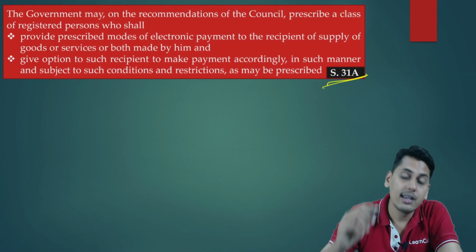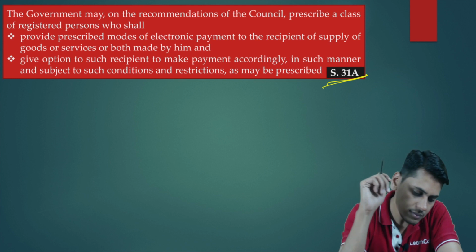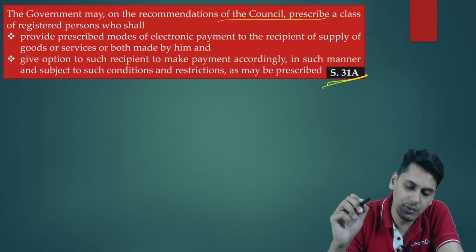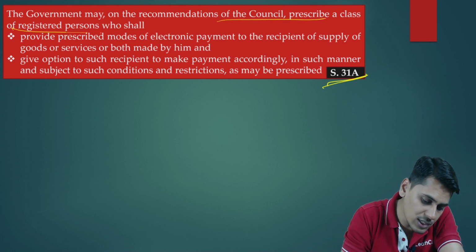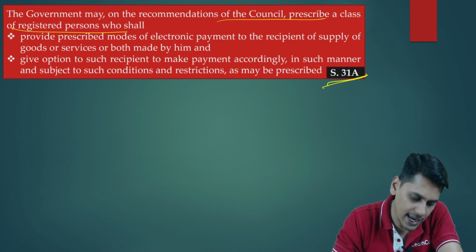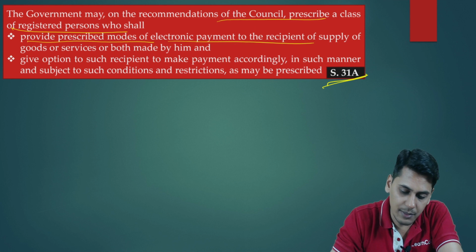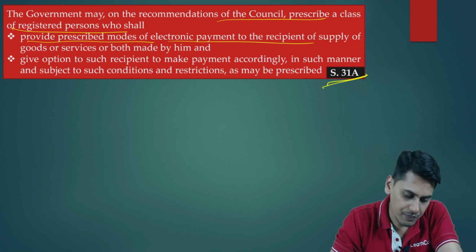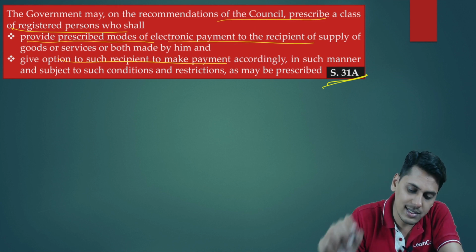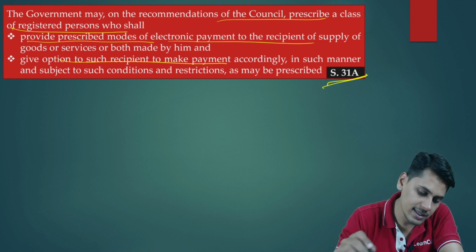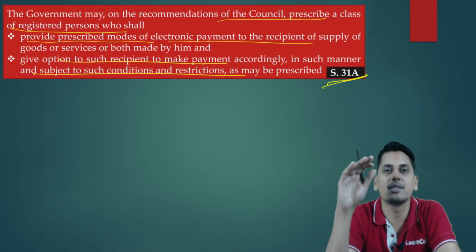Friends, please understand, you would have already read this section 31A. The government may, on the recommendations of the council, prescribe a class of registered persons who shall provide prescribed modes of electronic payment to the recipient of supply of goods or services or both, and give an option to such recipient to make payment accordingly in such manner and subject to such conditions and restrictions.